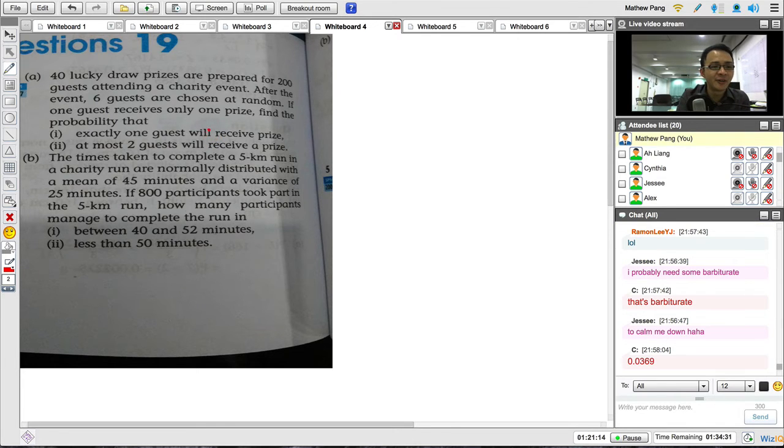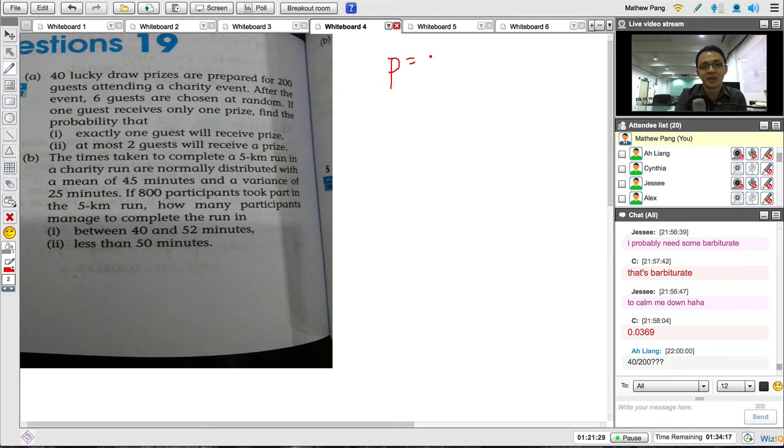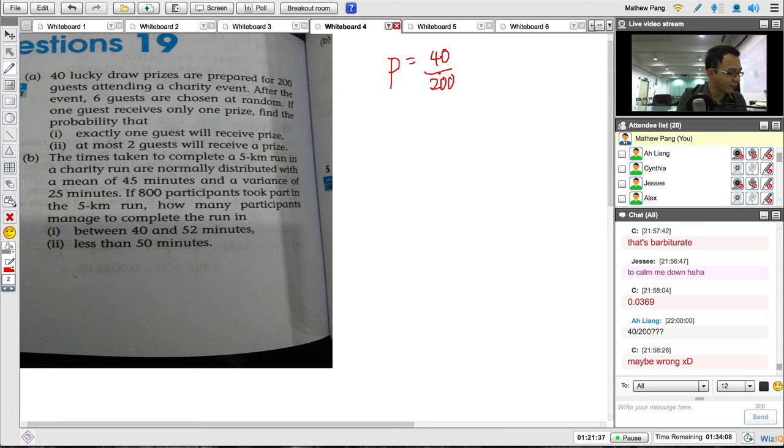Okay, let me see. You've got 40 lucky draw prizes prepared for 200 guests. So of course we have to find p first. He tells you there are 40 and there are 200, so each guest will get 40 over 200. Simplify it, or change it to a decimal if you feel it's more convenient, so it's 0.2.